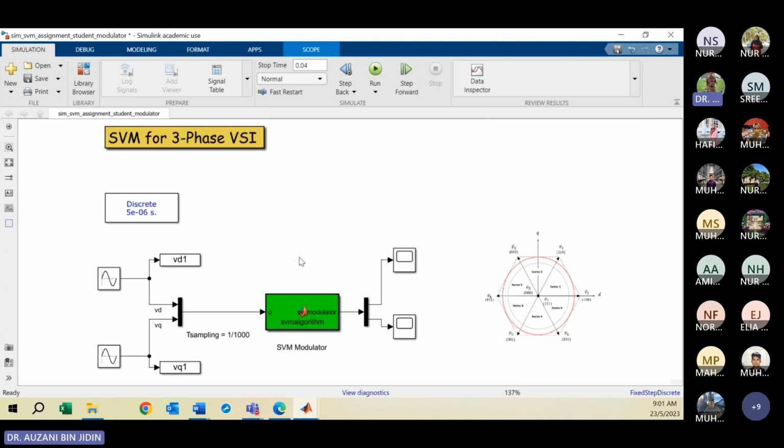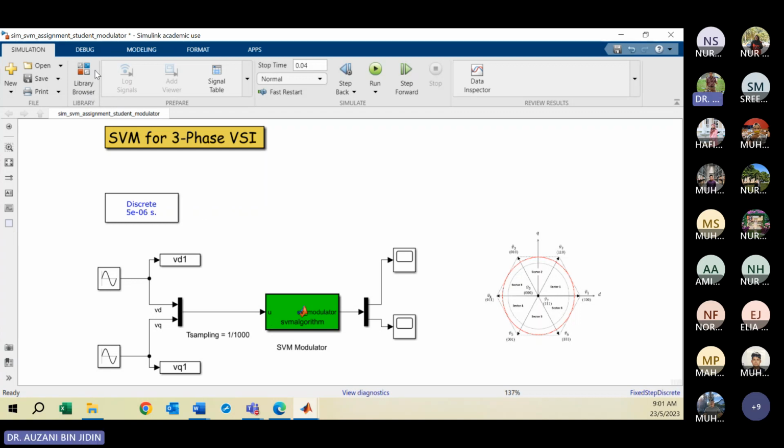Okay, class. Sorry. In order to speed up your simulation running time, maybe you need to remove this block. What block? The sample time block. This one, you just remove, just bypass this line. Buang dulu.